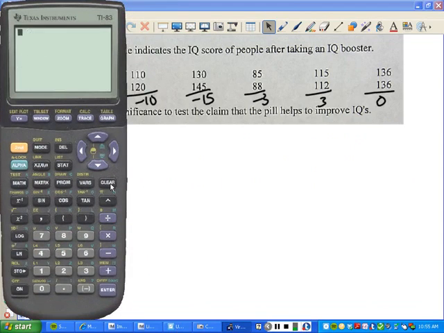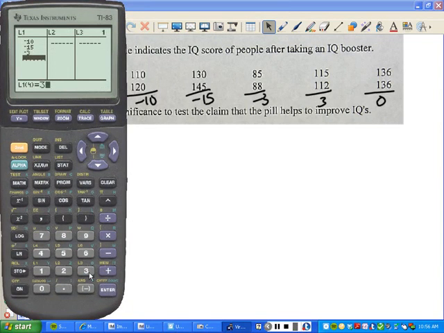Don't just be so quick to go, well, the average is negative 10, negative 15 is negative 25, divided by 5 is negative 5. Do it using this. Stat, edit, clear the list, and type them in. You can type in negative 10. You don't have to use the negative sign. But if you don't, make sure you use the other one as negative, because you can't have all of them be the same sign.